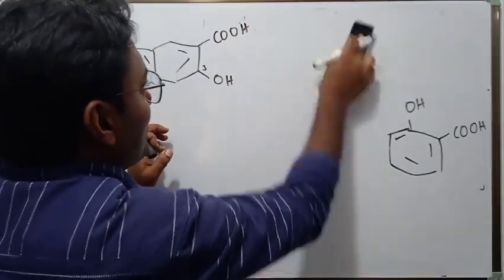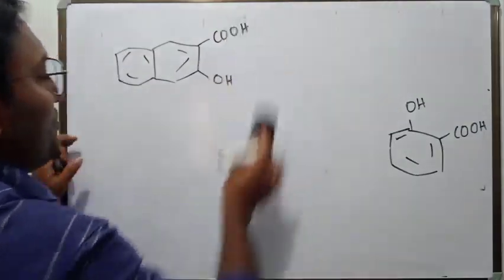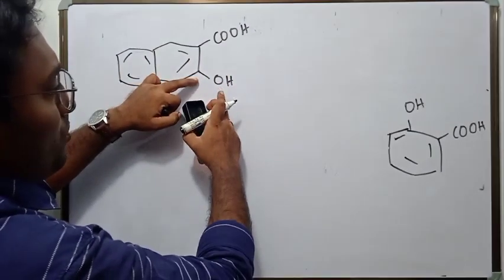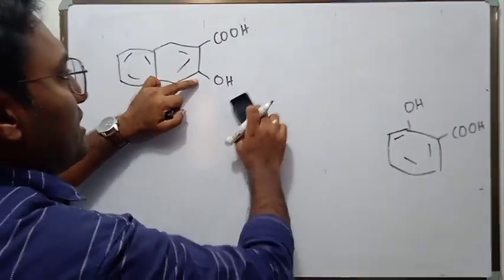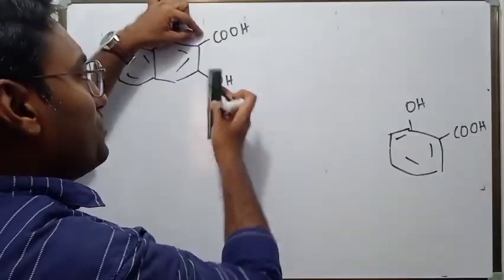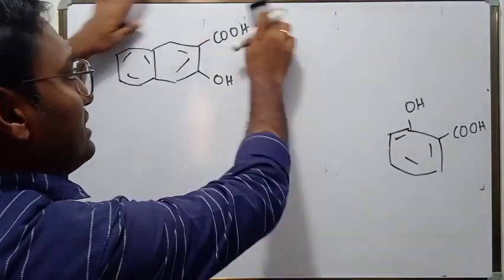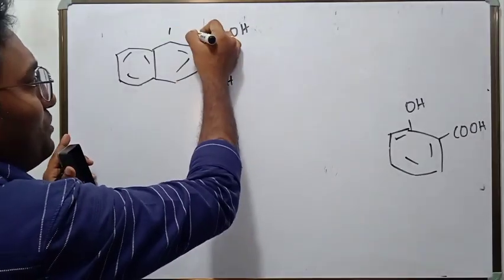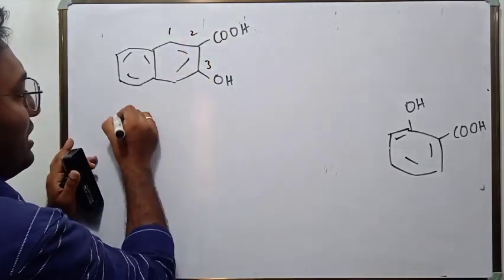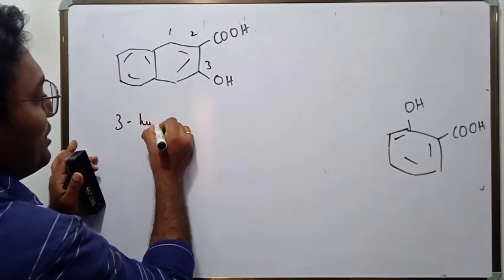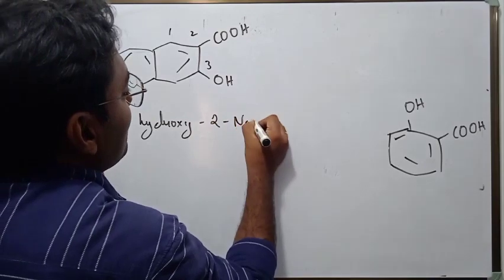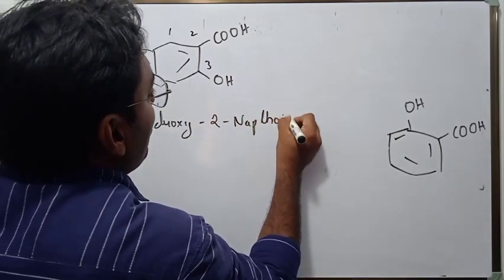The product will be like this. Carboxylic acid will be introduced, of course, at the ortho position, and the end product that you get will be this. So this is now 1, 2, 3. 3-hydroxy, 2-naphthoic acid.